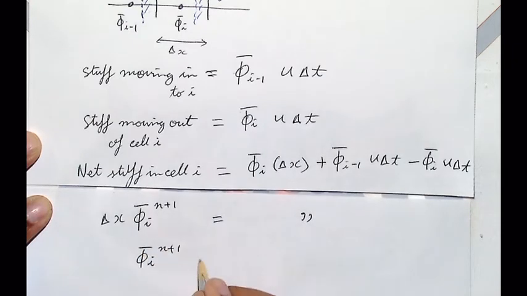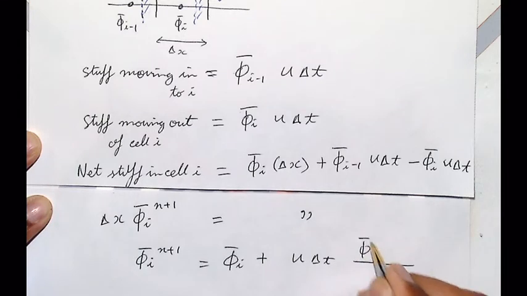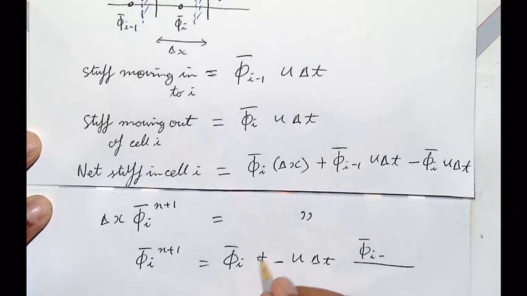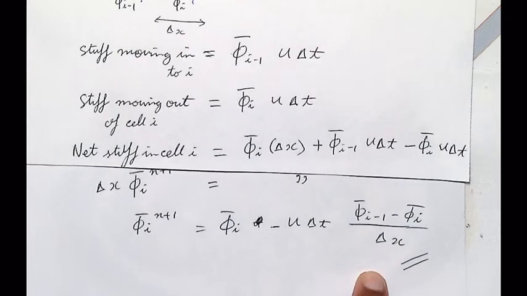We have recovered phi i bar plus u delta t times phi i minus 1 minus phi i bar over delta x, which is what? Pure advection with upwinding.